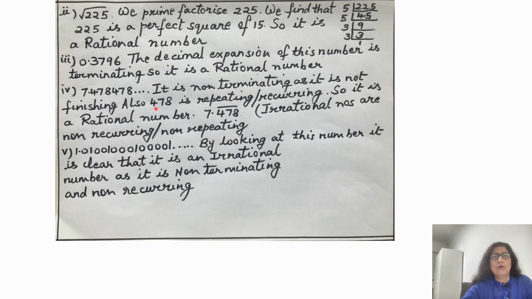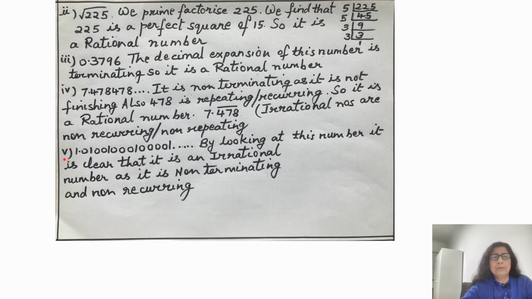Also, 478 is repeating, so it is a rational number, 7.478 with a bar on top. Irrational numbers are non-recurring and non-repeating. So this number, since it is repeating, it is a rational number.